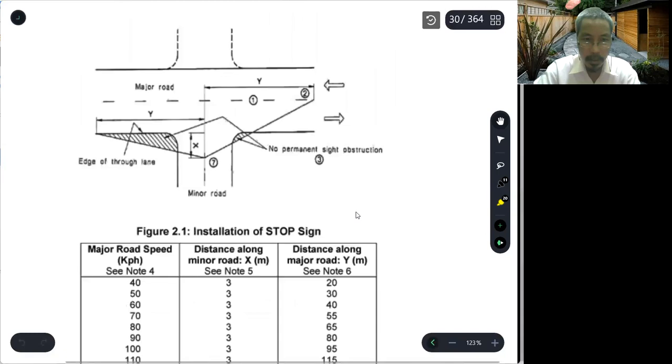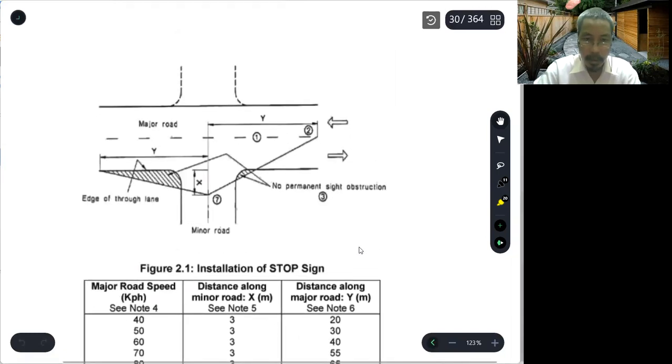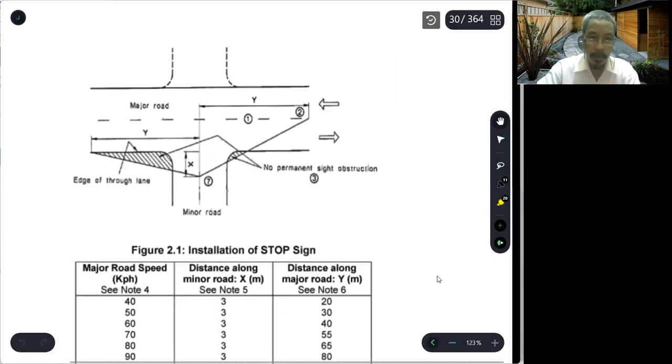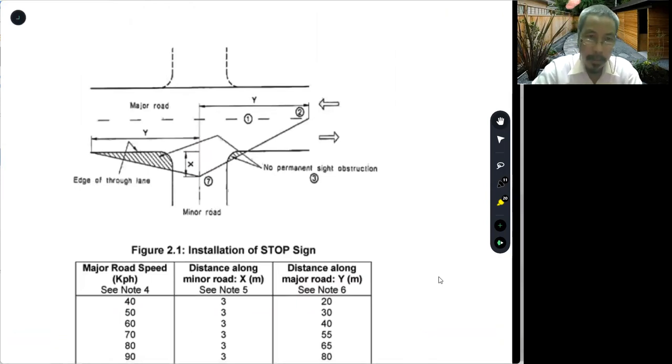So this is the figure for installation of stop sign. As you can see in this figure, we have the intersection, major road, and minor road. So we have a major road, and we have the edge of traveled lane.